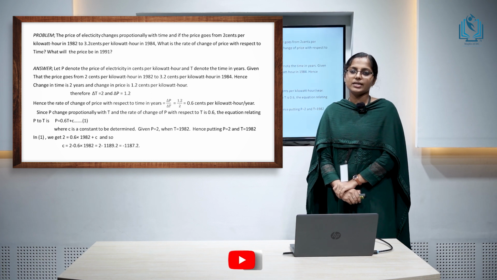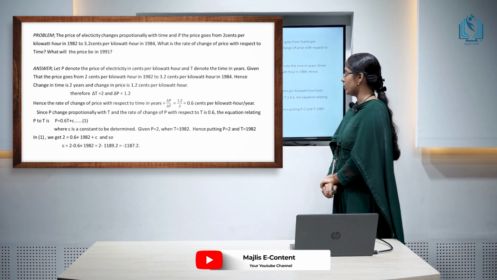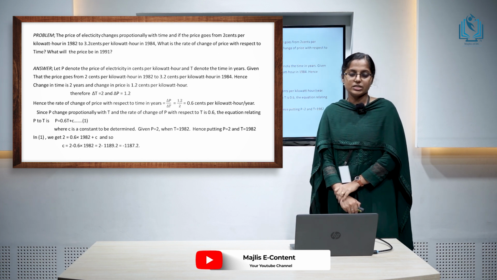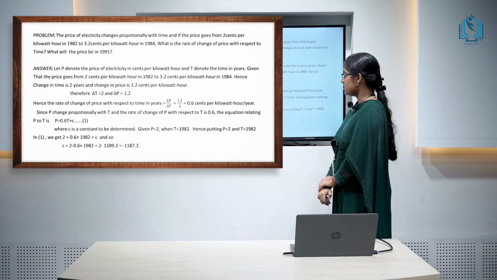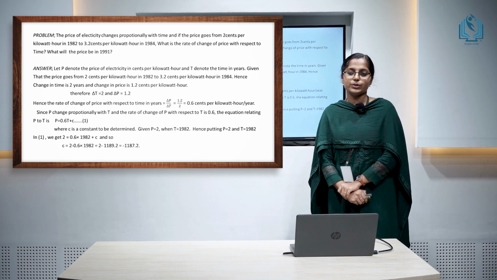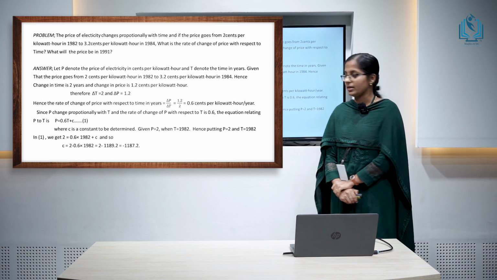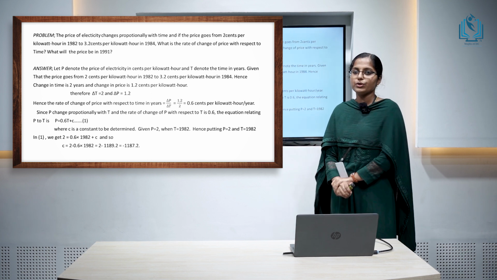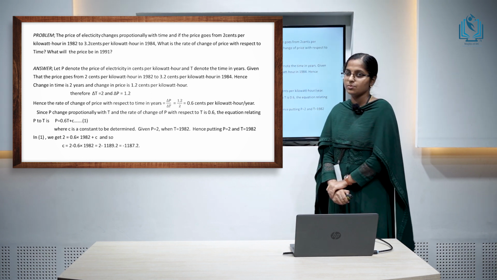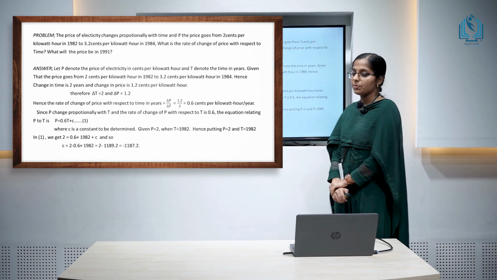And the change in time, delta T, is 1984 minus 1982, which is 2 years. Hence, the rate of change of price with time, delta P by delta T, is 1.2 divided by 2, equal to 0.6 cents per kilowatt hour per year.